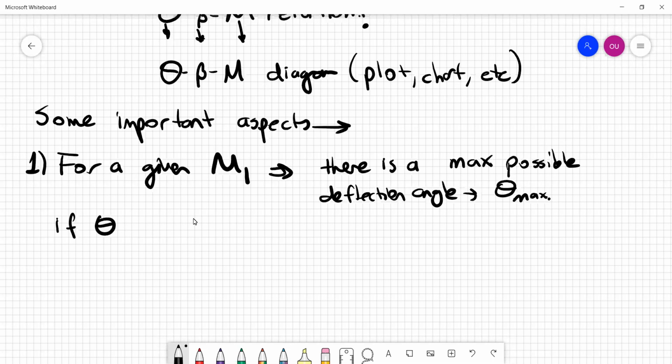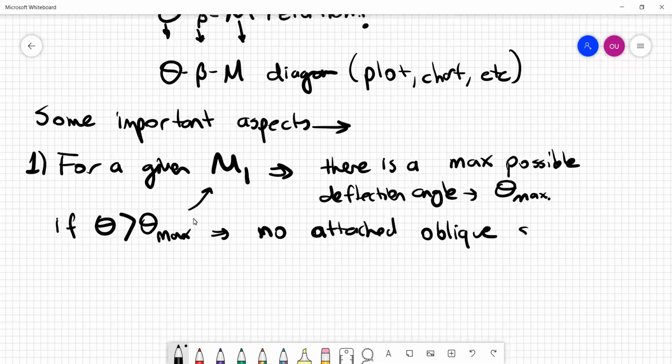So if you somehow were not careful enough and selected it larger than the theta max that is allowable for your flight Mach number, then it will not produce any beta. And physically what it means is that no attached oblique shock will be observed, no attached oblique shock.